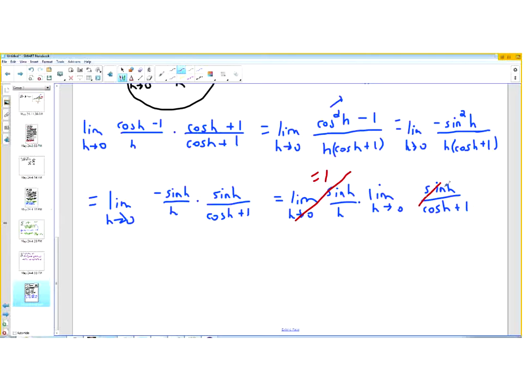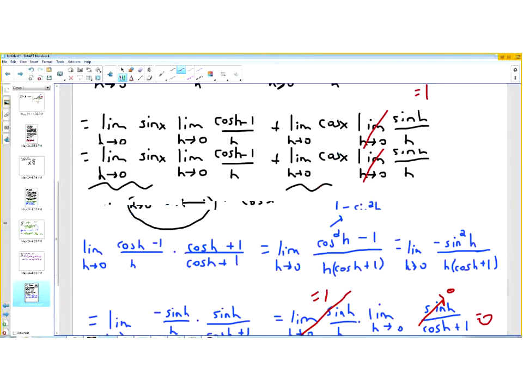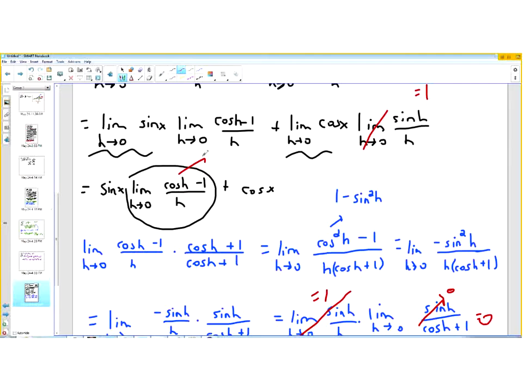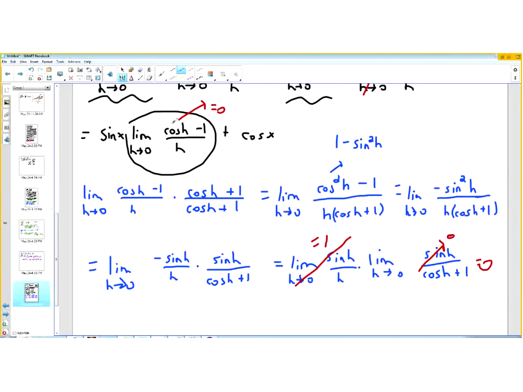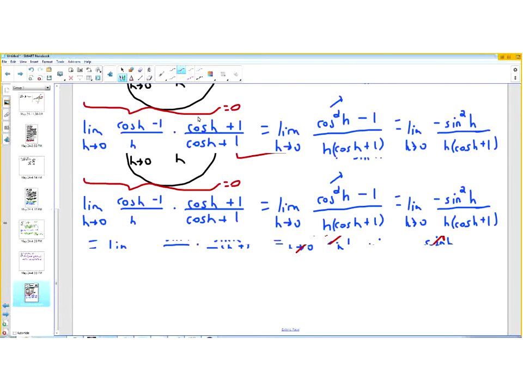The numerator would be 0 because the sine of 0 is 0, so this limit is equal to 0. We plug that 0 back into the original expression, so this is equal to 0. Since this is equal to 0, then all of this is equal to 0, and so we're only left with this as the derivative of the sine function, which is cosine x.